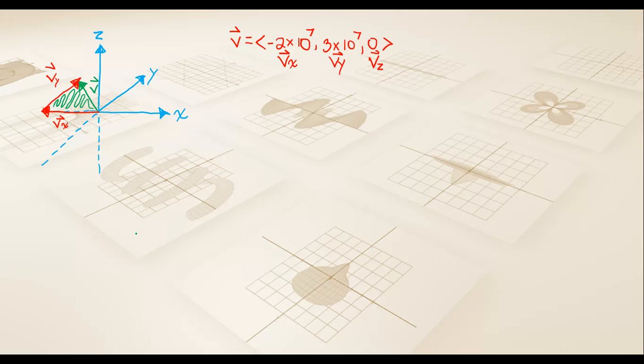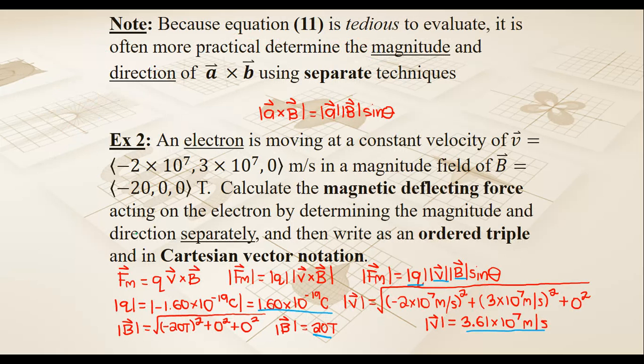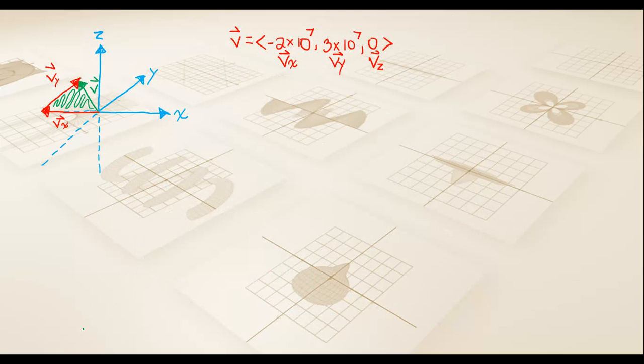Now, the magnetic field, if we go back here, only has an x component. So the magnetic field is -20, 0, 0, and it has units of Teslas. If we drew the magnetic field vector, and I'll do this in purple, it would just be a vector that goes in the negative x direction.